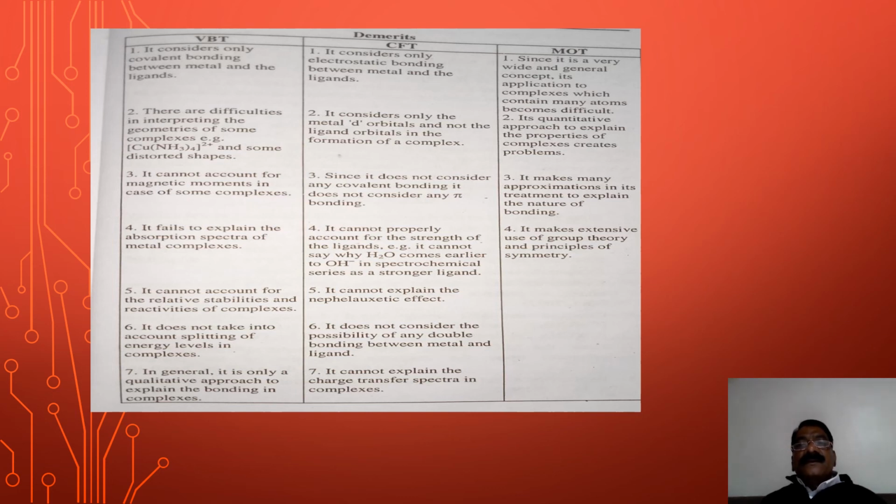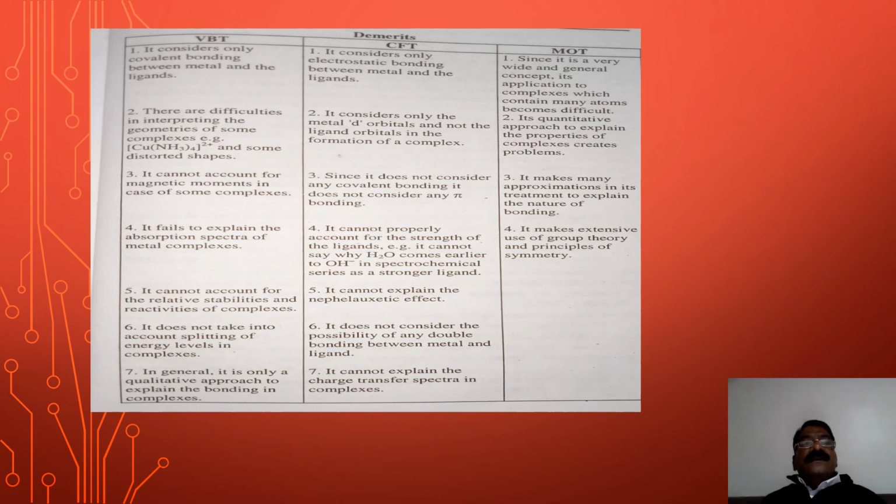Second, its quantitative approach to explain the properties of complexes creates problems. Third, it makes many approximations in its treatment to explain the nature of bonding. Fourth, it makes extensive use of group theory and principles of symmetry.